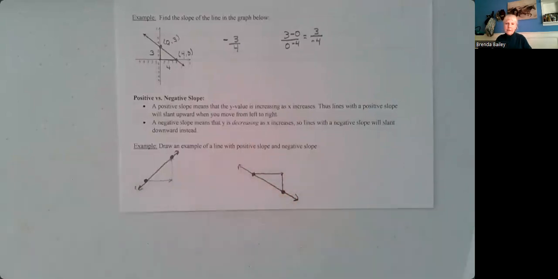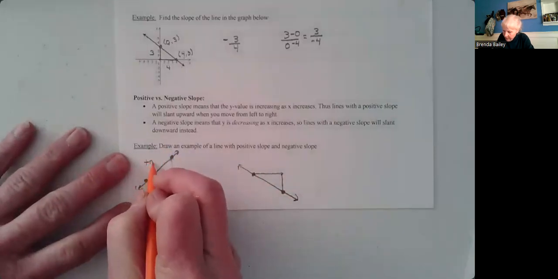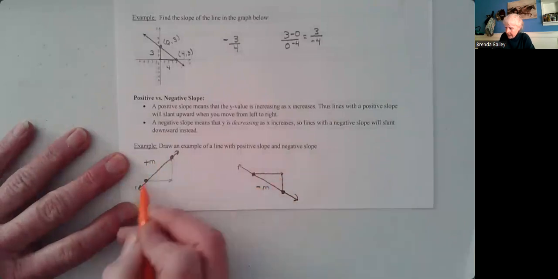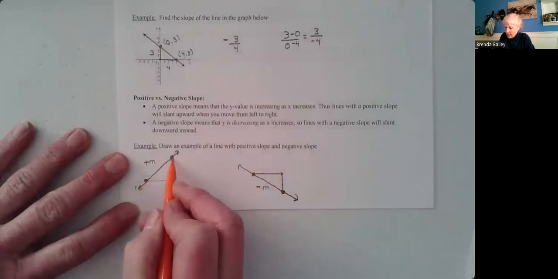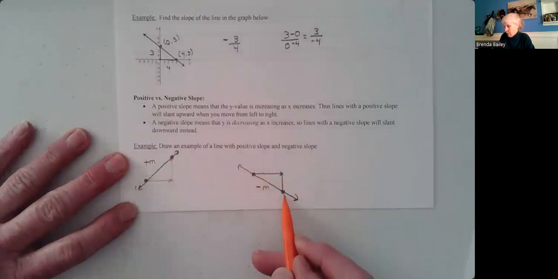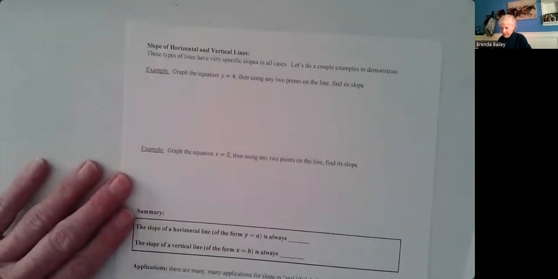That's a negative slope. So this is a positive m, and this right here is a negative m. As x increases, y increases. As x increases, the y decreases. Perfect.